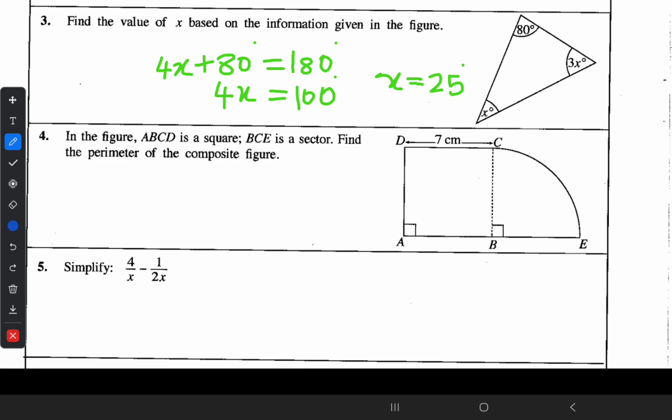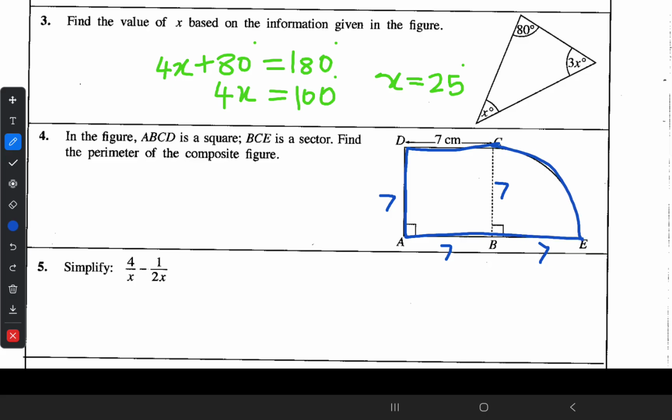Next one, in this figure ABCD is a star. That means 7, 7, 7. This is radii, this is also 7. BC is a sector. Find the perimeter of the composite shape. So to find perimeter, we need to find this particular arc length.